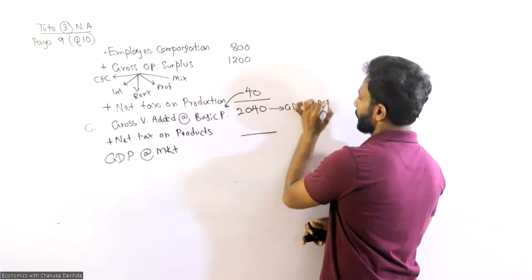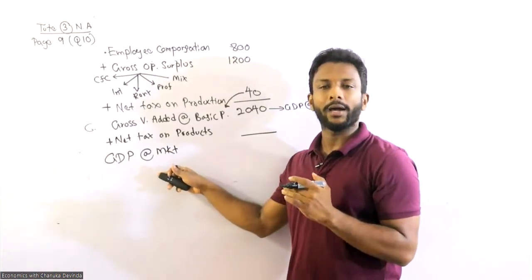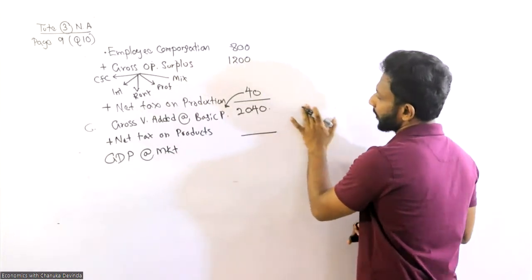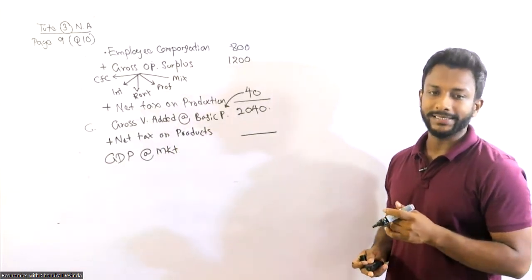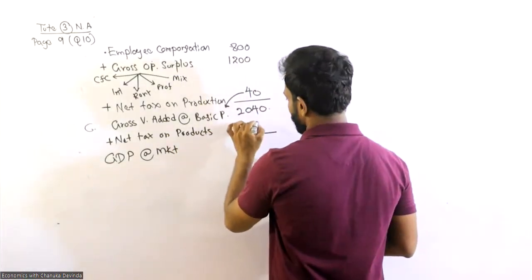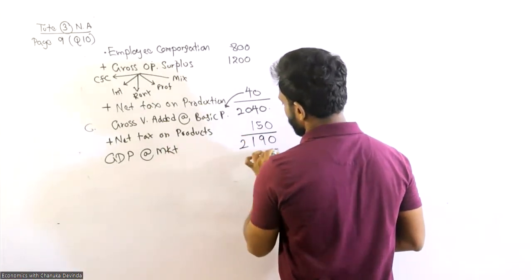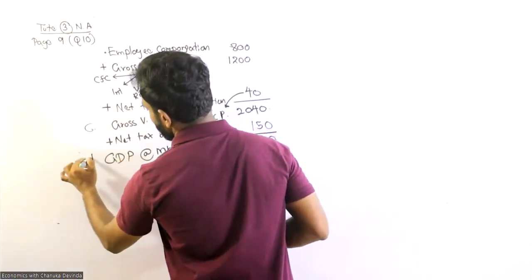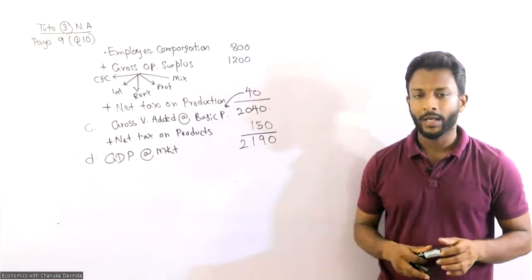But we need real GDP calculated under market price, not on the base price, so net tax on products can be added. What's the value of net tax on products? It is 150. Altogether 2190. This is D, value of GDP at market price, right?